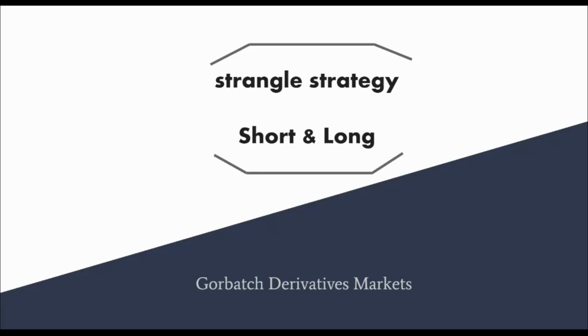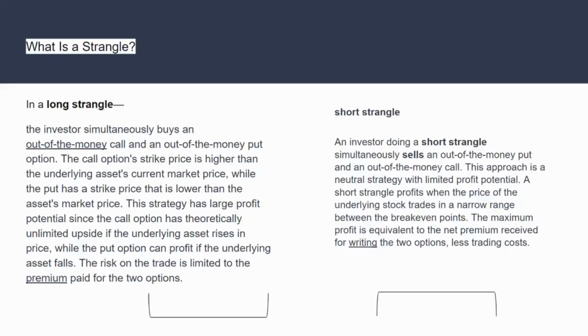So we're going to see that we have basically two different types of strangles: a long strangle and a short strangle. A long strangle means that the investor simultaneously buys an out-of-the-money call and an out-of-the-money put option. The call option strike price is higher than the underlying asset's current market price, while the put has a strike price that is lower than the asset's market price.